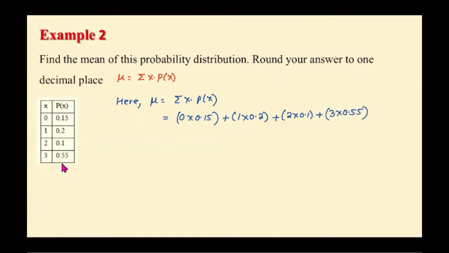If we simplify all this, you can use a calculator, you'll get 2.1. So the mean of this probability distribution is 2.1.